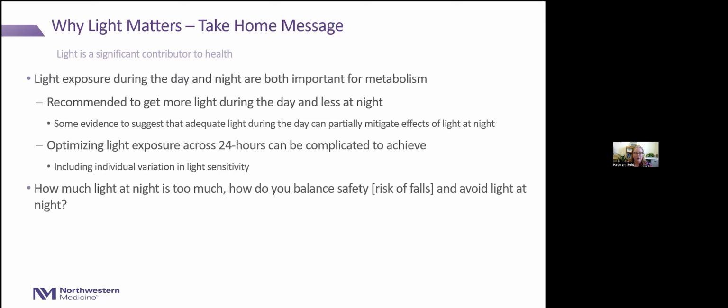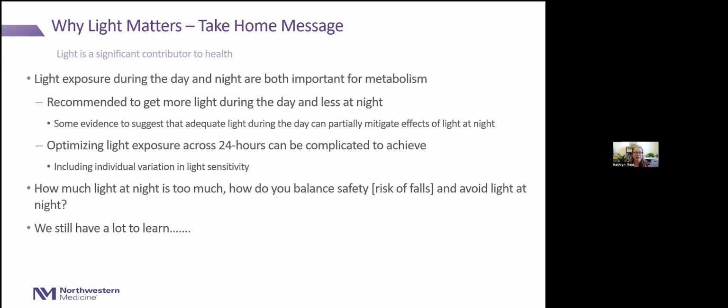We also don't know how much light at night is too much, and how do we balance the risk for falls. So how do we balance safety and avoiding light at night if you have to get up and go to the bathroom? You know, so you want to maybe have lights that are facing down, that maybe are not very bright, and potentially even red or amber lights.